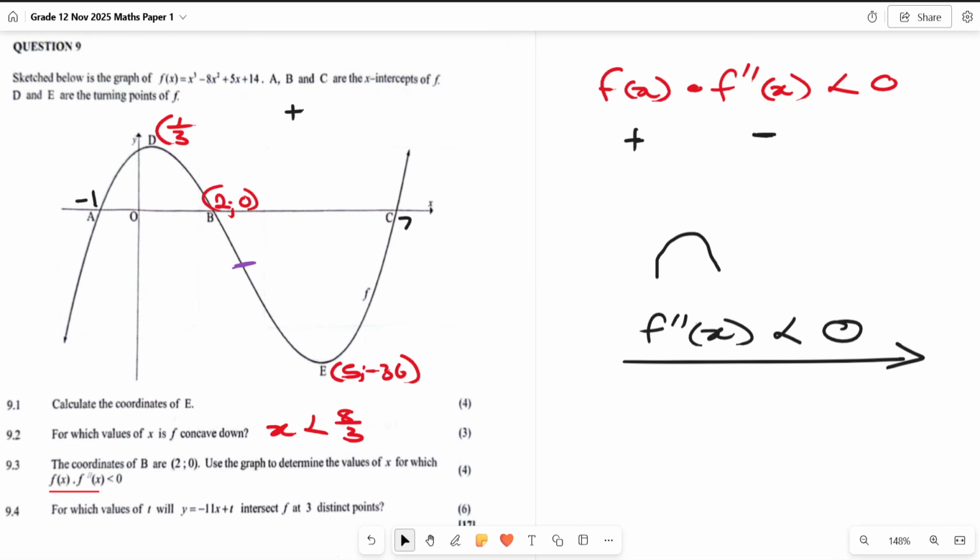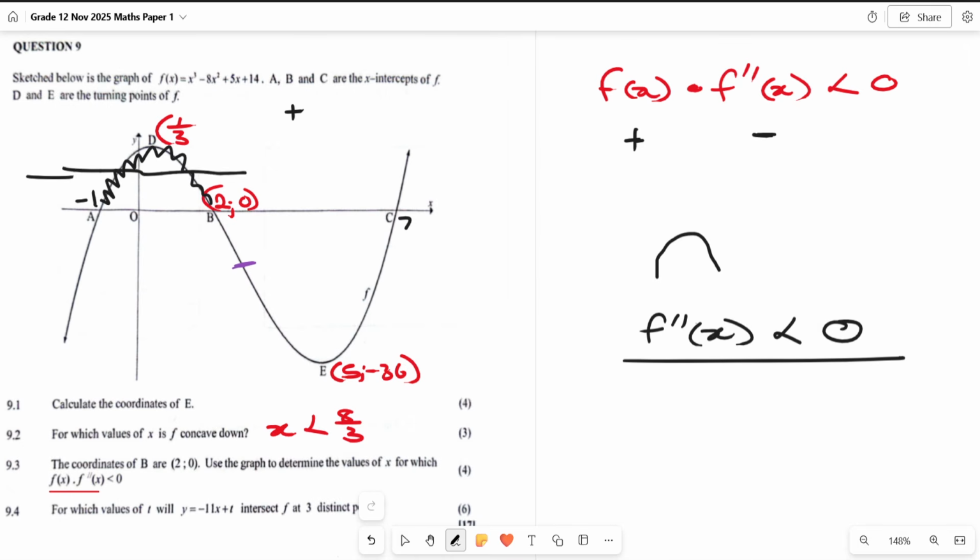Hold on, sorry, I'm making a mistake. Watch this. Between over here, our graph is above the x-axis. And the shape of the graph is concave down, as you can see from here.